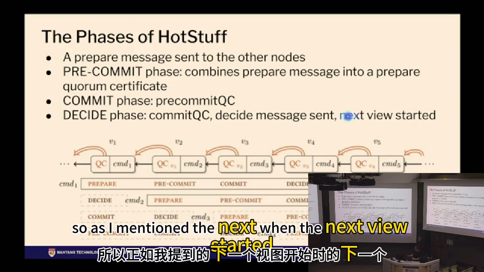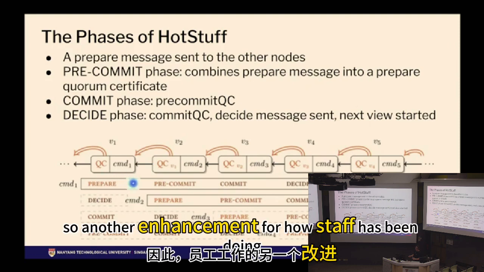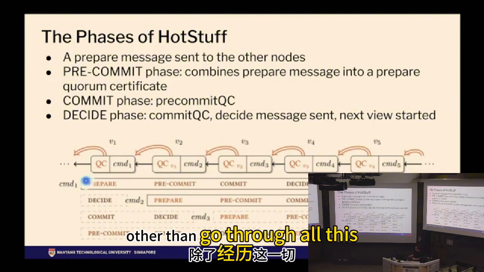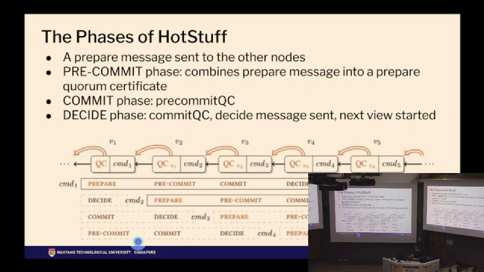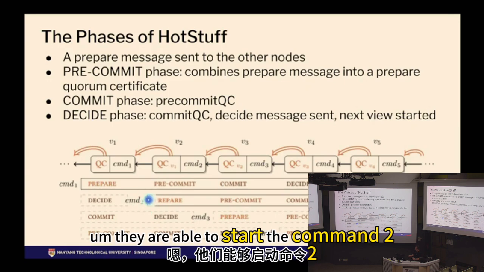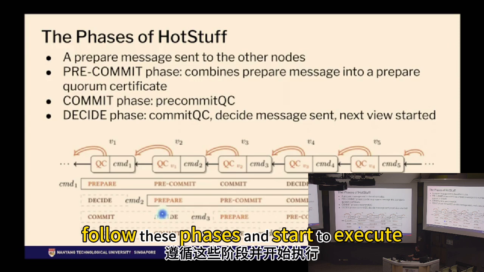As I mentioned, when the next view starts, the new leader will be elected. Another enhancement HotStuff has made compared to PBFT is that, other than going through all these phases in sequence, they actually make it parallel. Once the prepare phase has started, if the next message comes, they are able to start command 2, which will follow these phases and start to execute.